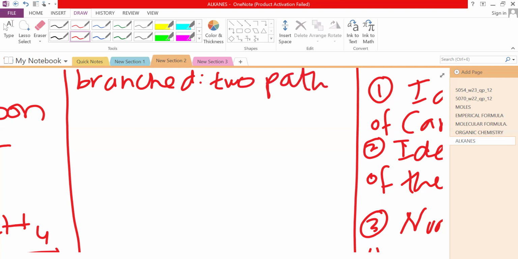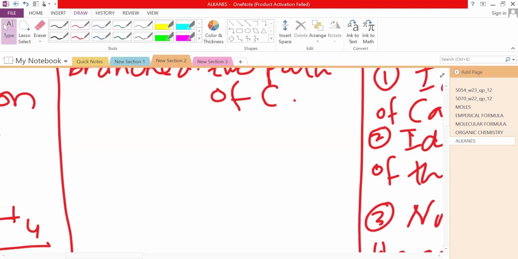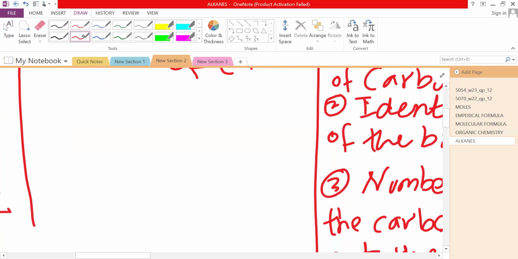Let me give you an example so you can have a clear idea. For example, this is first carbon, second, third, fourth. So we have 4 carbons here. It means that it is butane.